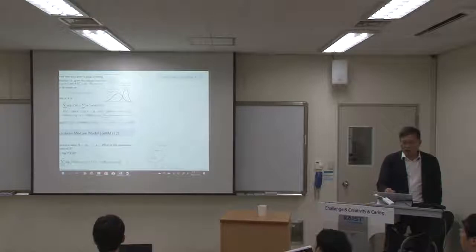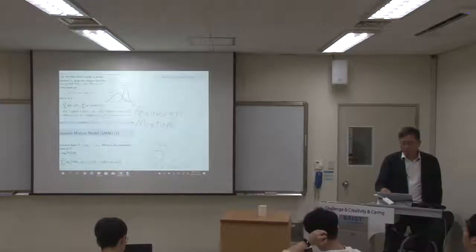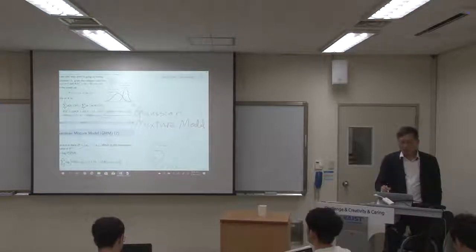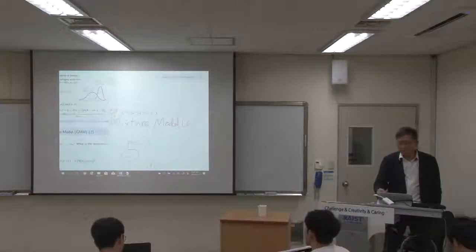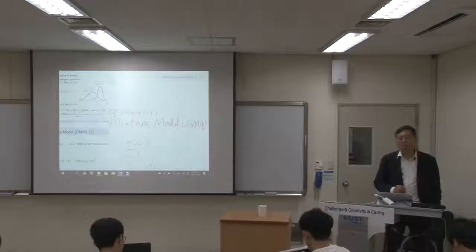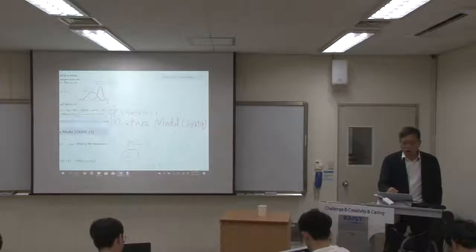It's called Gaussian mixture model, or sometimes GMM. With two mixtures, two mixture GMM.